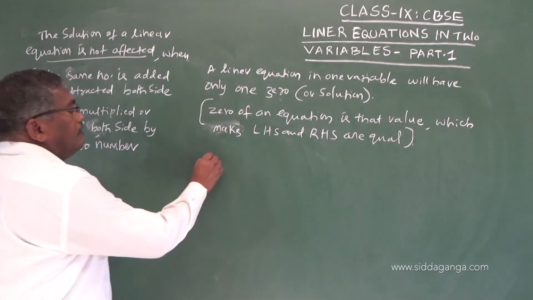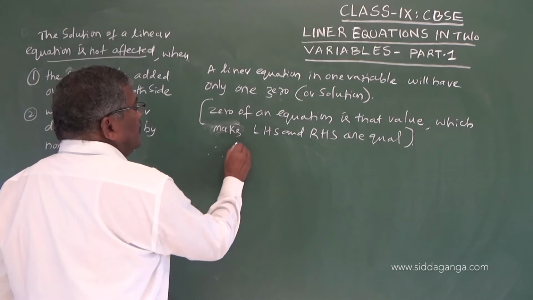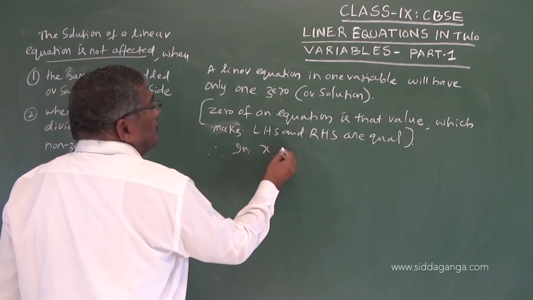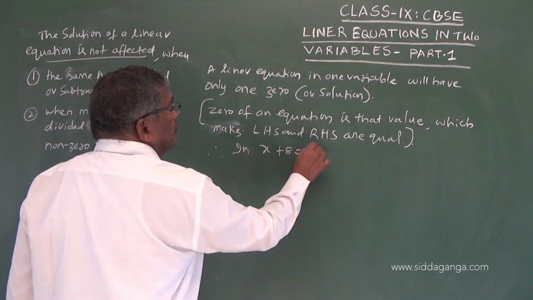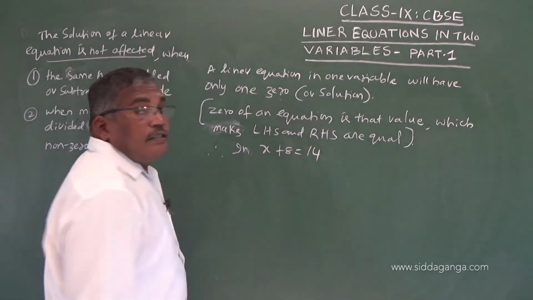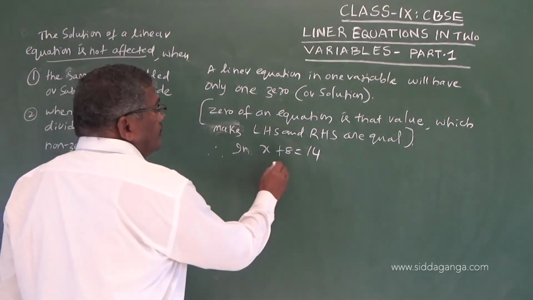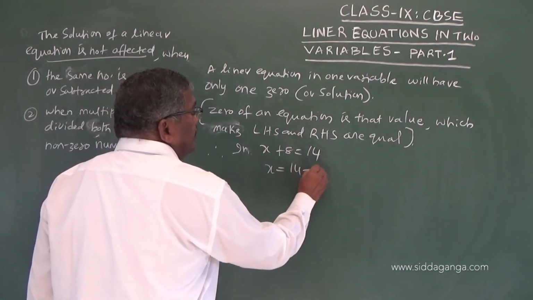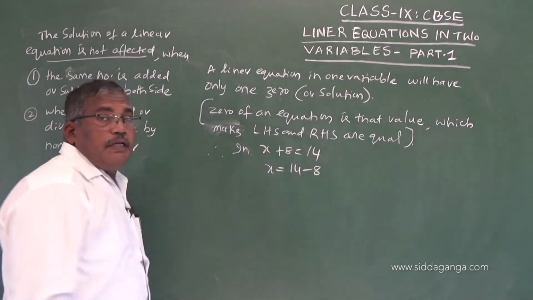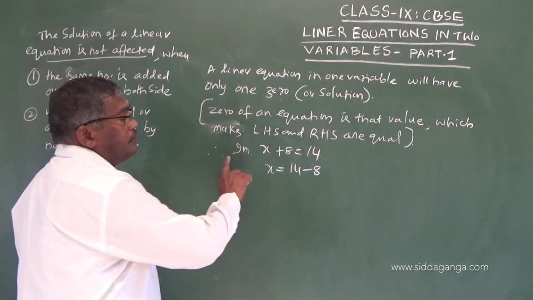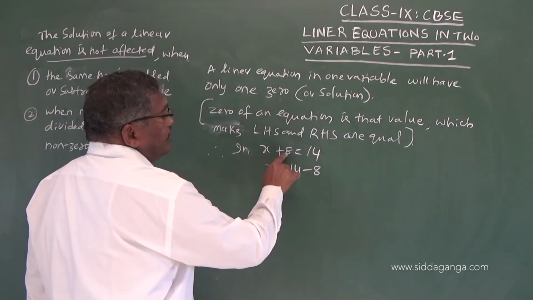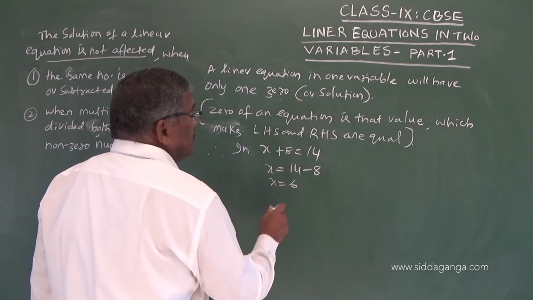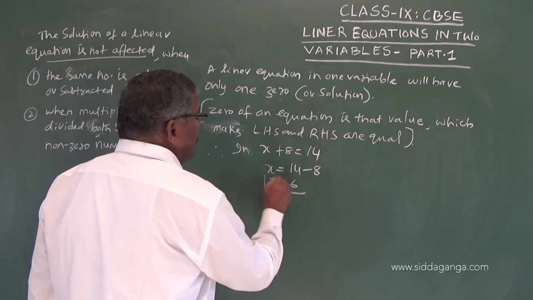So therefore, in x plus 8 equals 14, let us say, x will be equal to 14 minus 8. So I have skipped what I have done: I have subtracted 8 both sides. Here 8 is cancelled. So then x is equal to 6. x is equal to 6.